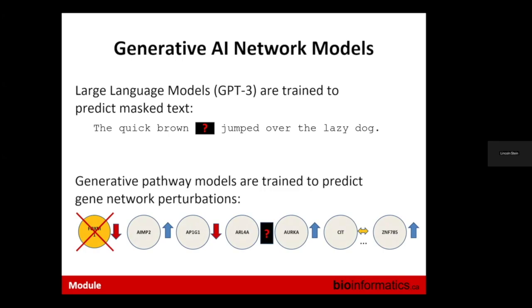Use single-cell sequencing to record genes that go up, go down, or don't change. And then you present this data set to a large language model and you mask out one of the genes and you ask it to predict it. And over time, after training, you end up with a system that's able to recognize all the myriad cell states that were in the data set and let you do those what-if experiments. What if I perturb a gene that wasn't in the original training set? Can I predict the output?